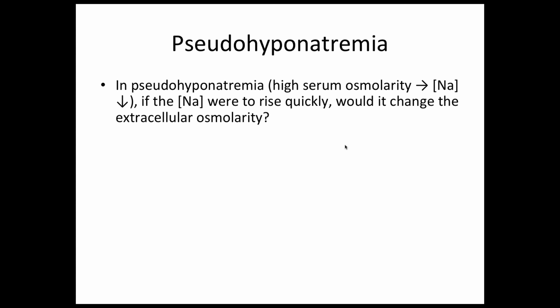So it's kind of like the brain has this adaptive mechanism to prevent change in tonicity. Whenever there's a change in tonicity, the brain will try to protect itself by releasing whatever is inside the cell, like potassium, basically to prevent cerebral edema.